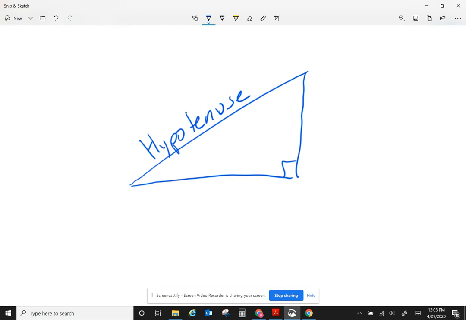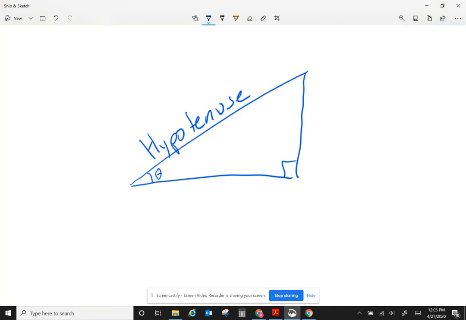Sometimes one of our corners, besides the 90-degree angle, we're going to label. We can label the corner by calling it corner A, or we can label the corner with a Greek letter called theta.